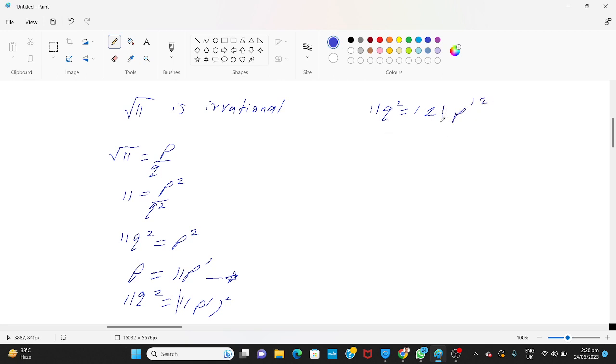Now I can divide both sides by 11. q square will become 11 elevens are 121, p prime square. Now again the right hand side is a multiple of 11, so the left hand side should also be a multiple of 11. So it means that q should be equal to 11q prime. This is our double star.